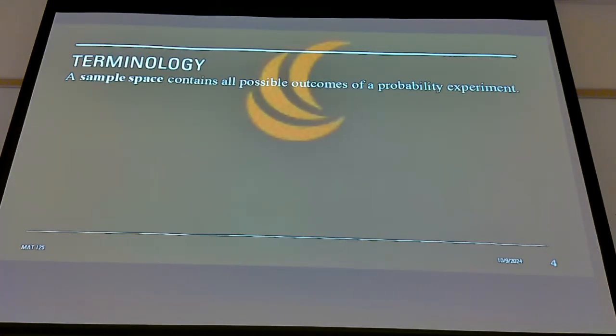Sample space is a set. Specifically the set of all possible outcomes. You can also think of it in terms of the language of set theory. It's your universal set.